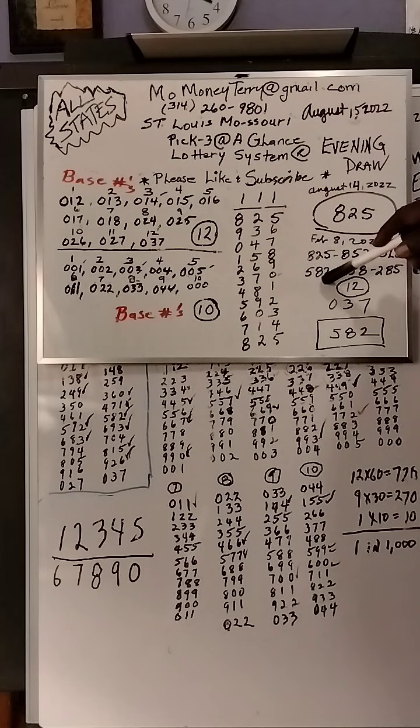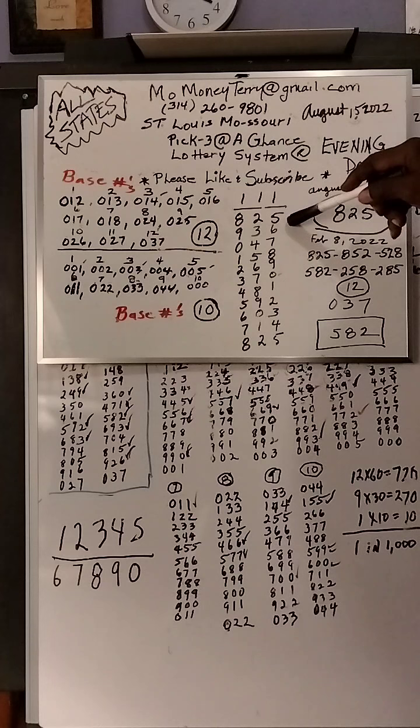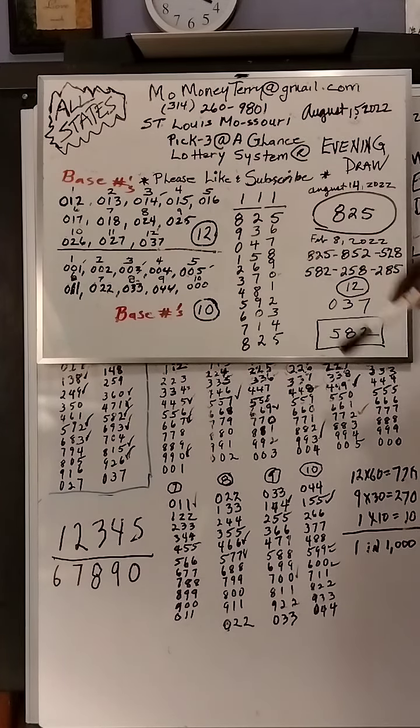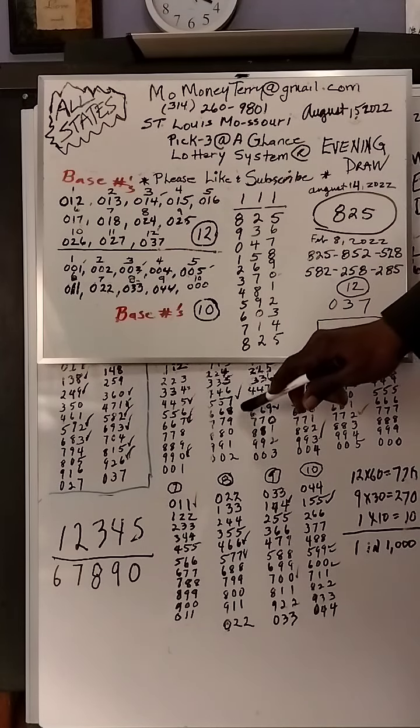It's the same number, but by the rotation, if you change this number around, then this changes all these numbers. If you change the 852, it'll change all these numbers here, or change it to match to the 582. All right.